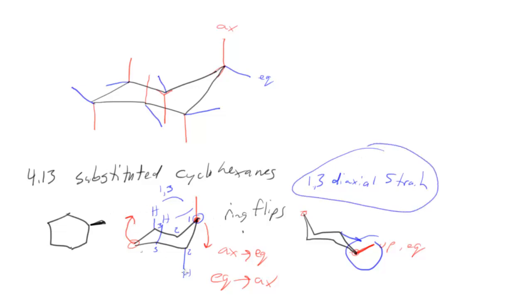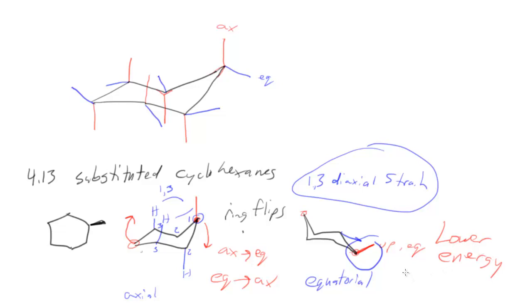So now I have to choose between the two of these. I've either got axial methyl cyclohexane, or I've got an equatorial methyl cyclohexane. And it turns out that the equatorial one is lower energy. It's really all about sterics again. It's about large things not wanting to be near each other.